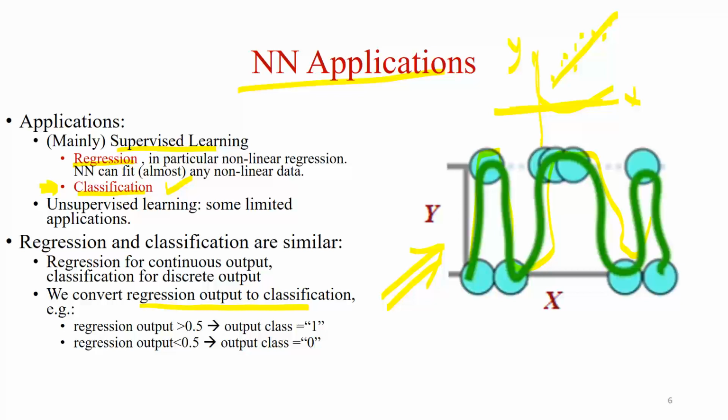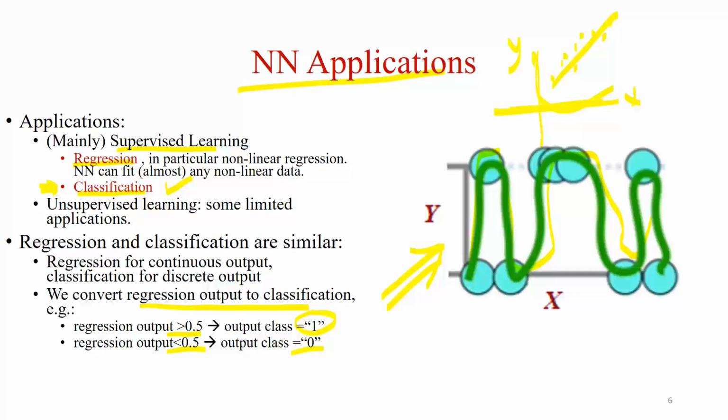For example, you can conveniently say that if the regression output is greater than 0.5, you will consider this as a 1, for instance, in a single input, single output neural network. And if the output is less than 0.5, you can say that this represents a 0. So basically, the usage of regression or classification both interact.